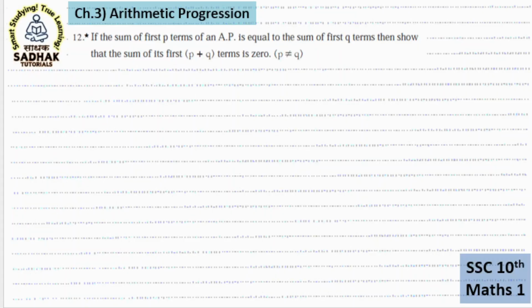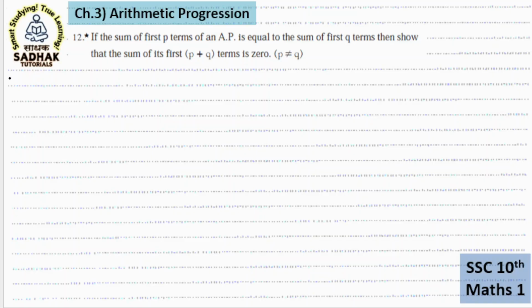Let us solve question number 12 now. In this sum, they are saying that if the sum of first p terms of an AP is equal to the sum of first q terms, then show that the sum of its first p plus q terms is equal to 0. And as a special condition, they are mentioning that p is not equal to q.